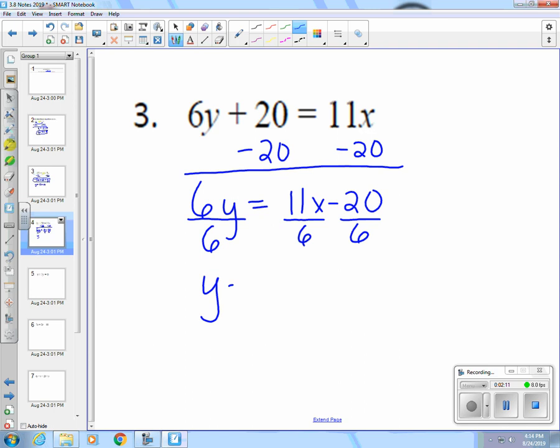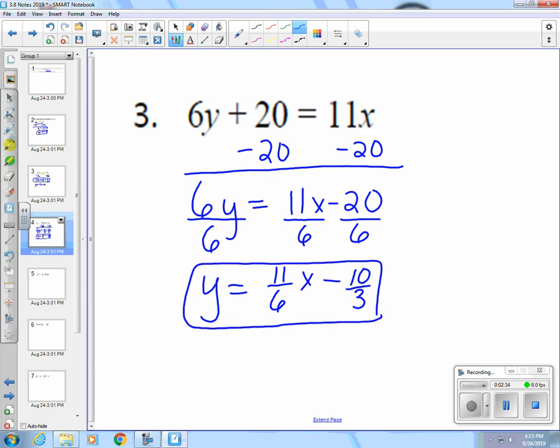So we're going to have y equals 11 over 6x minus, let's see, 20 over 6. They're both divisible by 2. So that's going to give me 10 thirds as our final answer there, minus 10 thirds. Leave them as impropers. Don't change them to mixed numbers. Please leave them as impropers in the list terms.